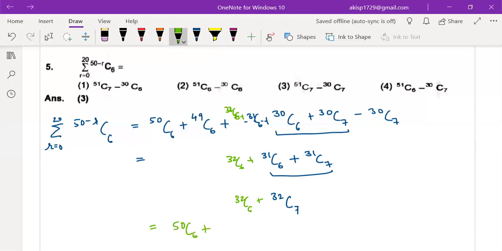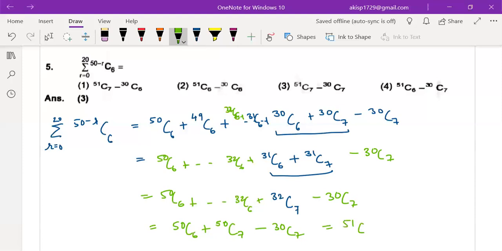So this term I'll keep as it is, 50 C 6, but keep on doing all these terms. So I'm going to get ultimately 50 C 7, and this minus 30 C 7 as it is, because I keep this minus 30 C 7 as it is. If I just complete all the terms, this is what I have eventually. But then this again is nothing but 51 C 7 minus this 30 C 7.